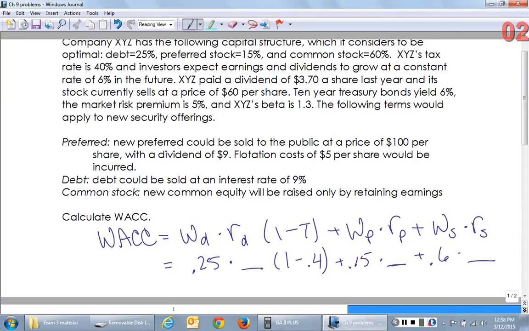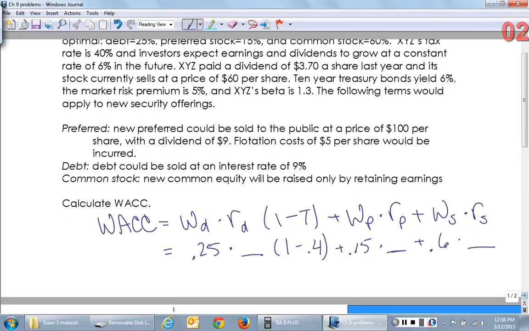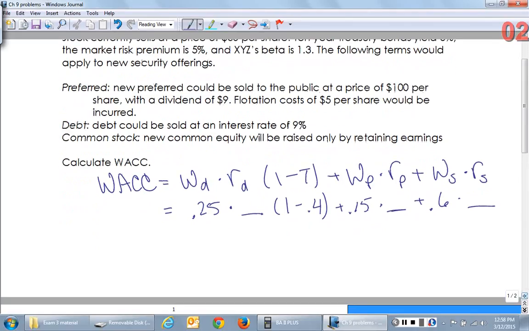So the information says that preferred stock could be sold to the public at a price of $100 per share. Preferred stock will have a constant dividend of $9, and flotation costs of $5 per share will be incurred. So we can calculate the cost of preferred stock.